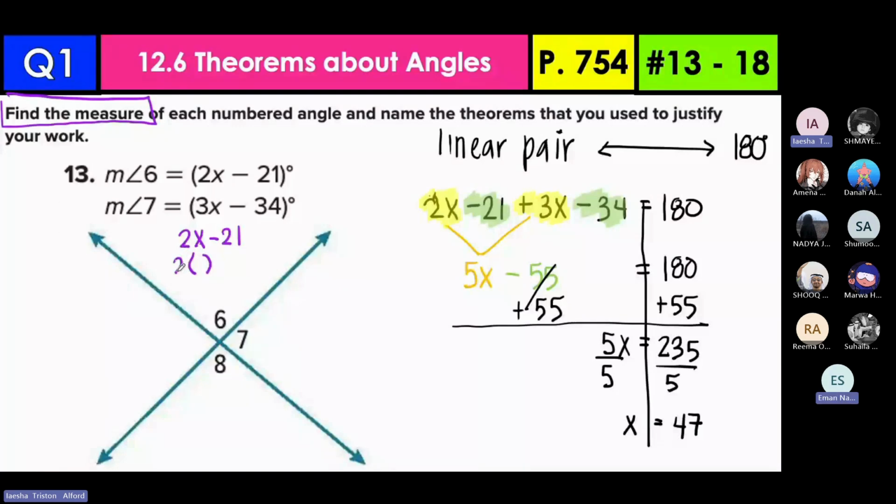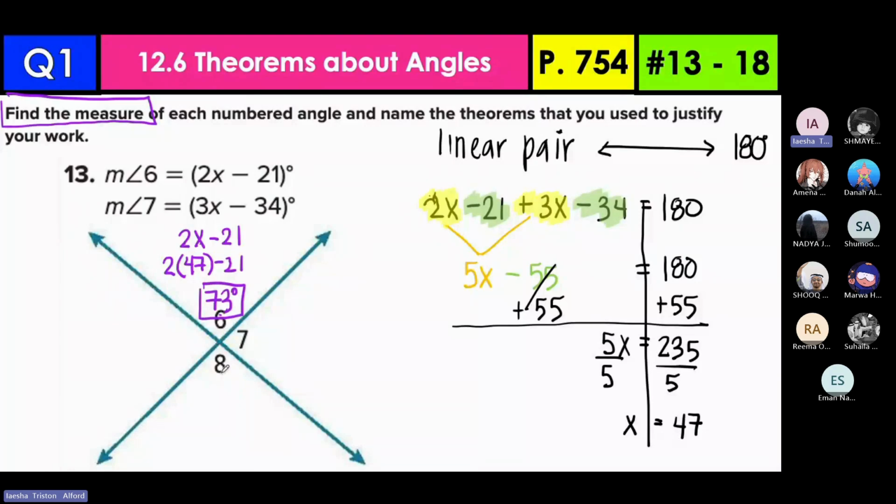The 2, 47, bring it down, subtract 21. Inside should be 47. Then calculator. 73. So the measure of angle 6 is 73 degrees.